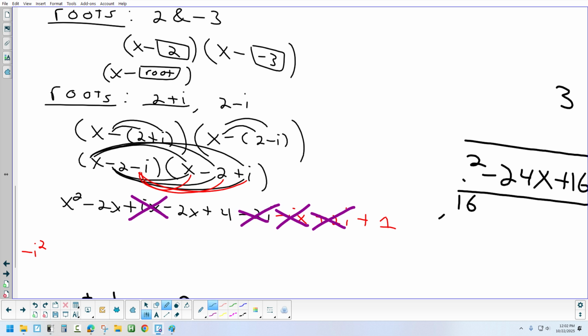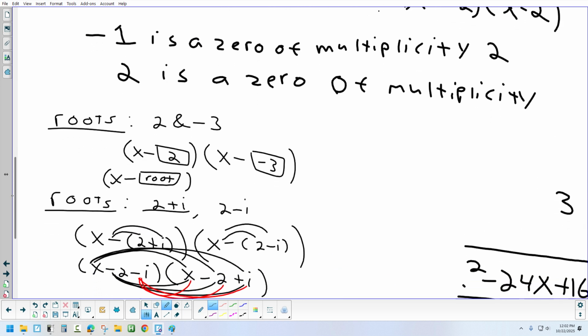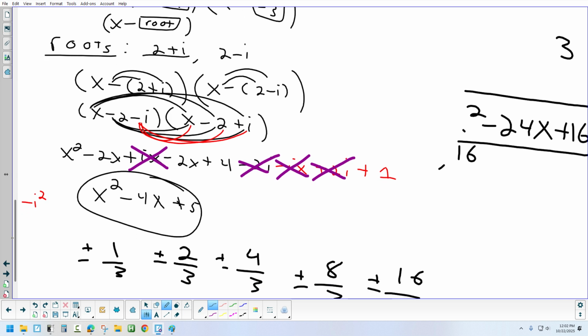Are there any i's left? So you're left with x squared minus 4x plus 5. That's how you find a polynomial that has imaginary roots. It's the same way you do it as real roots.